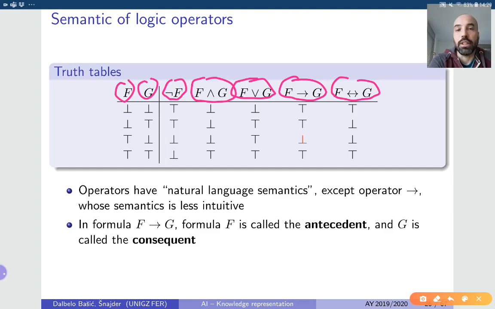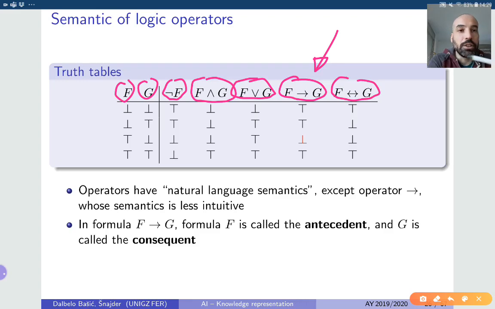So these are intuitive because they correspond to the semantics of natural language, except maybe for the implication operator here. The implication operator does not always follow the semantics of natural language, and I guess the problem is that we somehow expect it to model causality, like if F causes G, but this need not be the case.